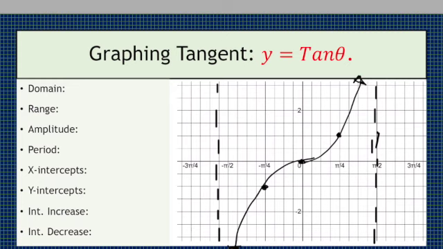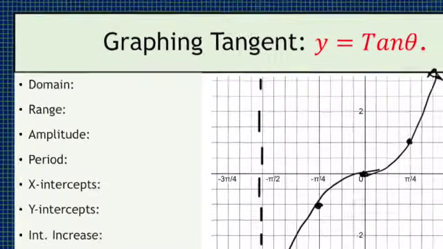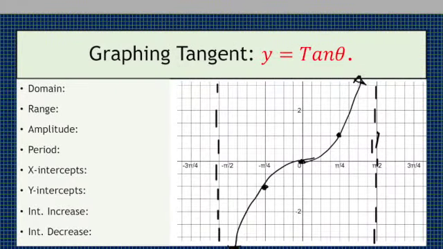Let's go ahead and describe the domain, the range, and amplitude. So the domain is what are the possible x values of this function, right? What are the x values? Now, if we're looking at just one period, this is just one period. So we should definitely know that from here to here, this is all one cycle of the graph.